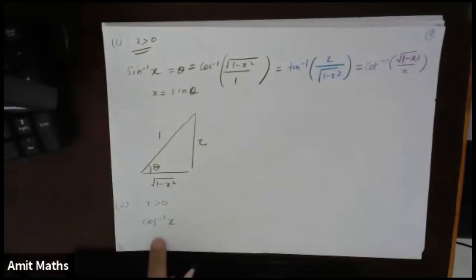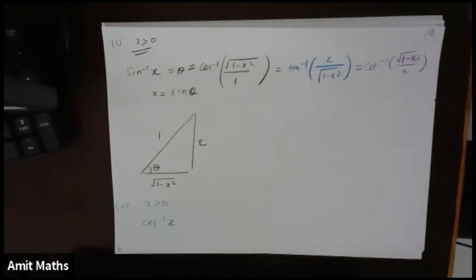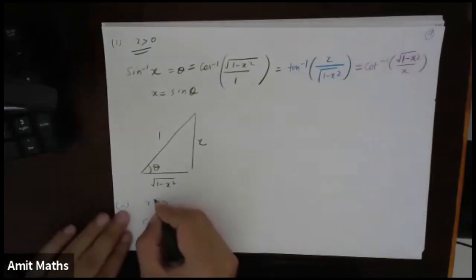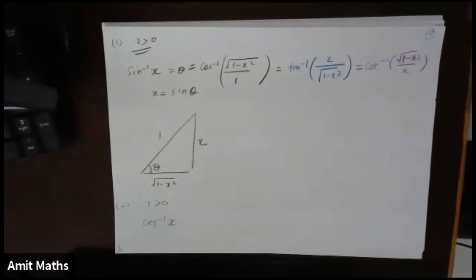Now I want you to write the same thing in terms of tan, cot, sine. Basically, tan and sine are enough, for x greater than 0. Just copy this one, then start writing for this one.